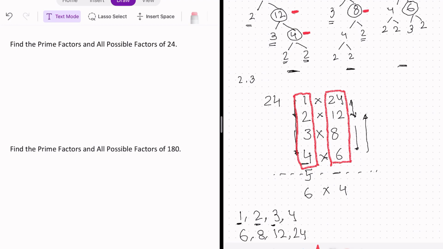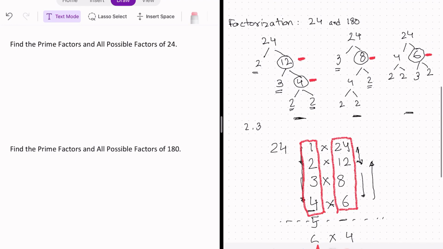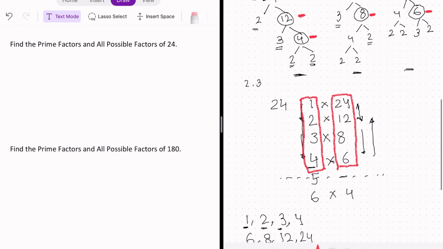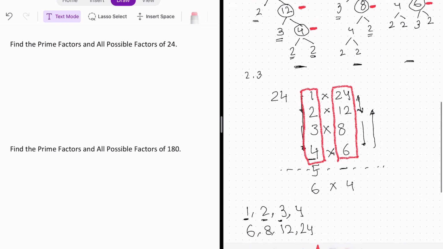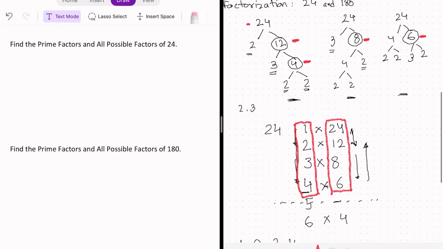And from the third one, I have a 6. And 24 is definitely one of the factors. So this method seems to take care of all the different possibilities in which 24 can be factorized. That would include prime factors and other factors as well.